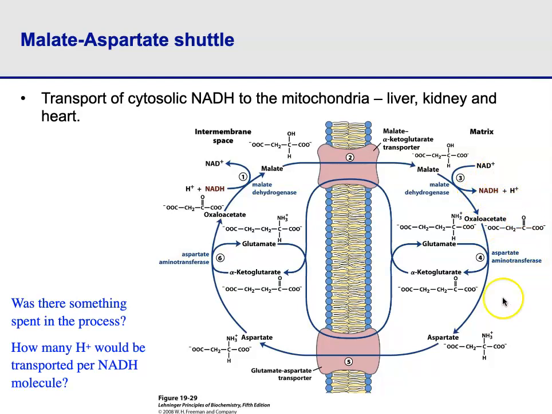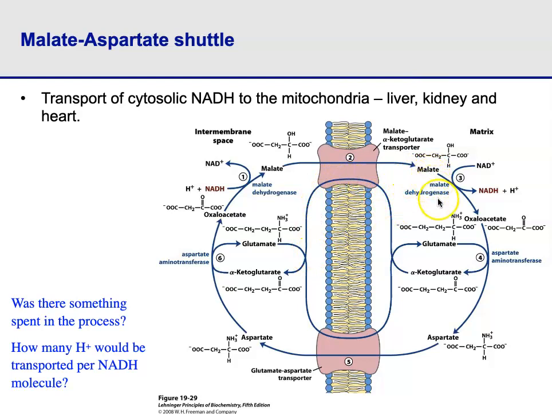Now, how does this happen? Well, with very familiar enzymes. Oxaloacetate in the cytosol, with the help of malate dehydrogenase. Remember, this enzyme can convert oxaloacetate to malate with the help of NADH, converting it to NAD+. Now the malate will be transported into the matrix in exchange for alpha-ketoglutarate that comes out.